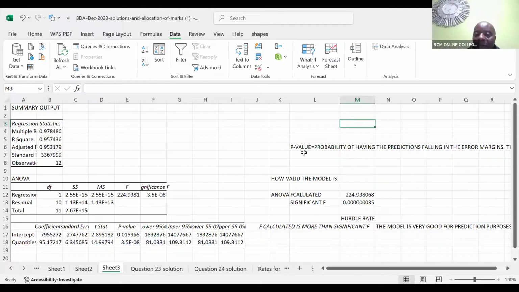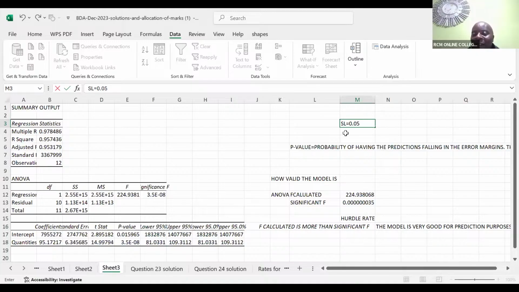Because I can see the confidence interval is 95%. And I told you confidence interval plus significance level will always be equal to 1, or 100%. So in this case, our level of significance, we normally call it SL, equals 0.05.